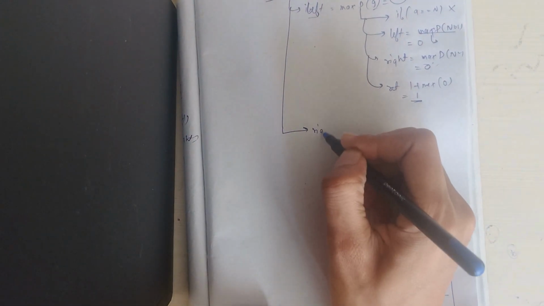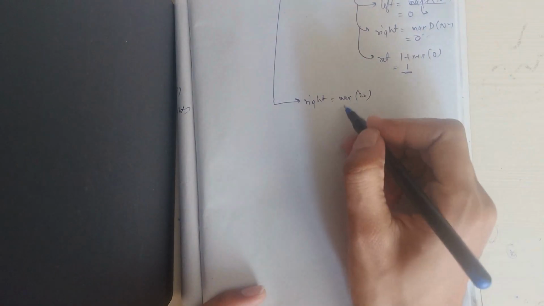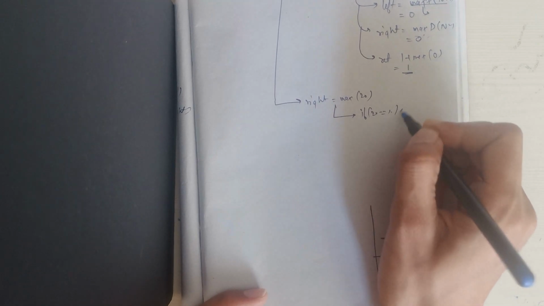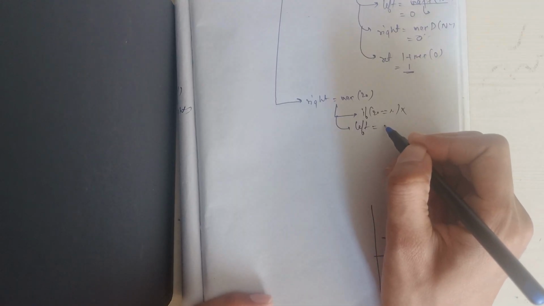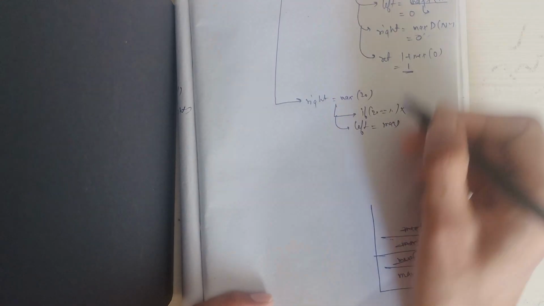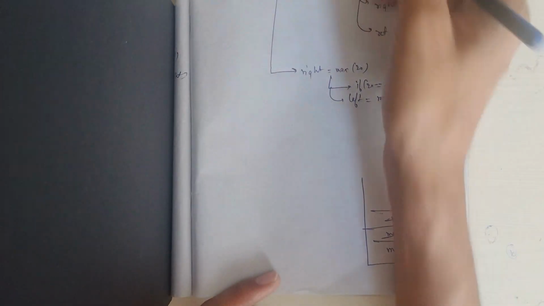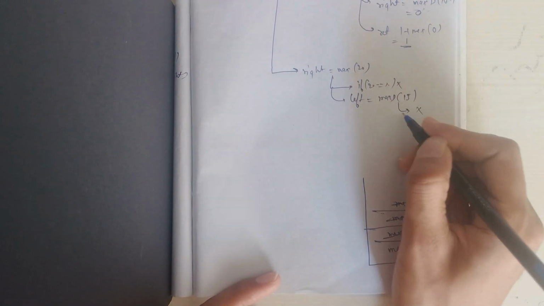What is right? Right equals maxDepth of 20. For 20 also we check if it equals null. No. So check left. Left equals maxDepth of left of 20, which is 15. Similar to 9, it will check all the conditions. It is not null.